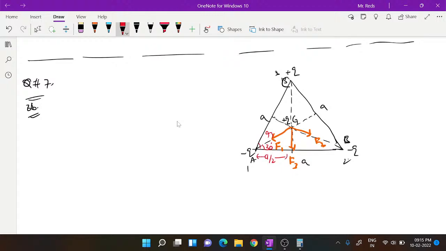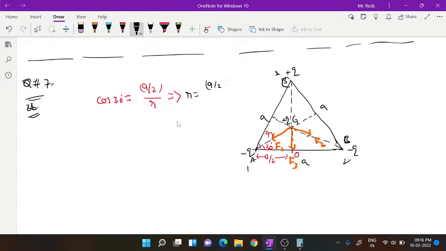If you find cos theta from this figure, cos 30 is equal to, if you consider this, this is a right angle triangle. For this, cos theta equals adjacent side by hypotenuse. Adjacent side is A by 2, and hypotenuse is our R. We want R. From this we can say R is equal to A by 2 by cos 30.